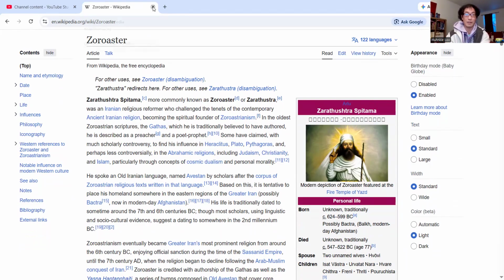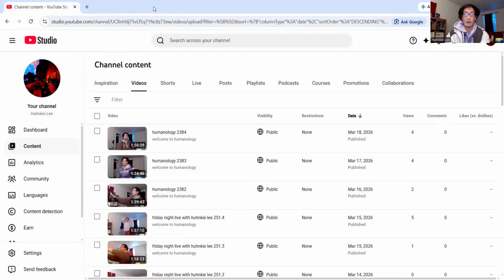It's around the same time, these ancient prophets. That's what I thought. It's in the history of philosophy that I read a long time ago. So Confucius, Zoroaster, Socrates, Buddha, around 500 BC.